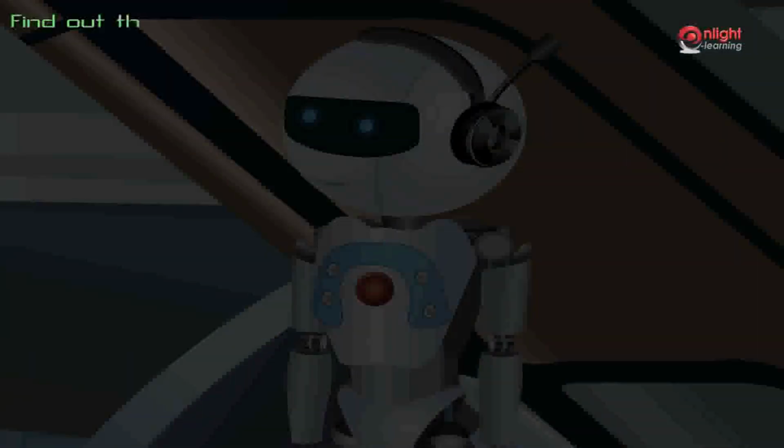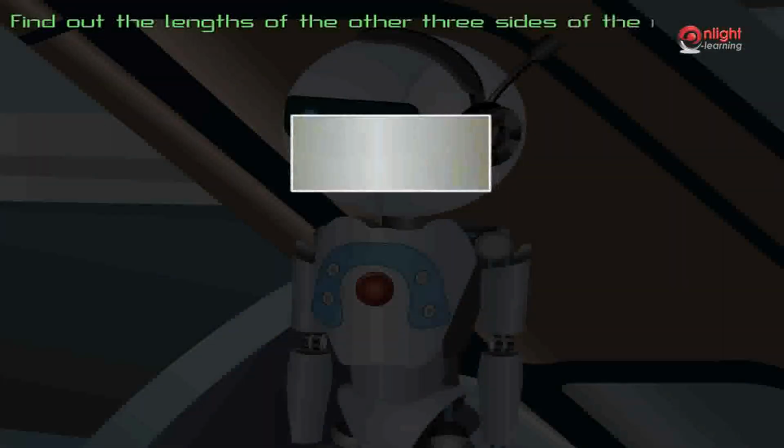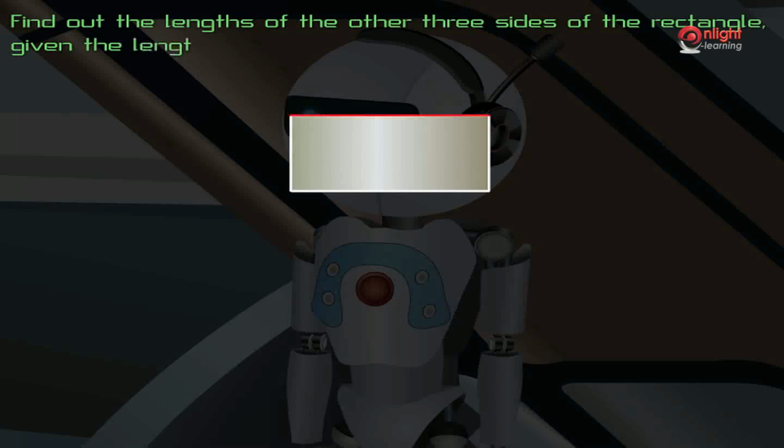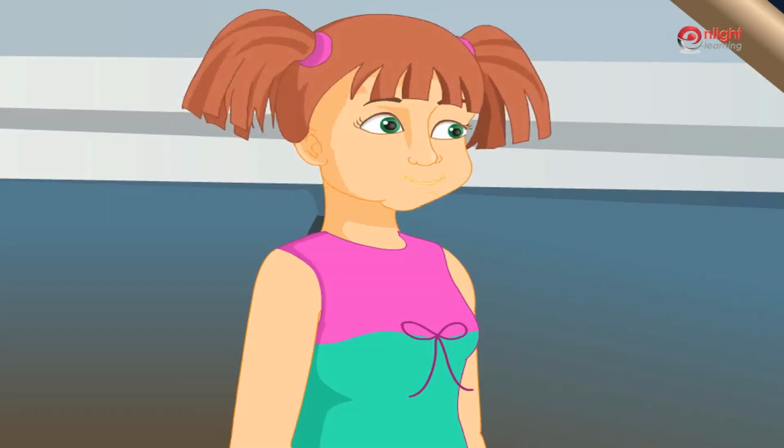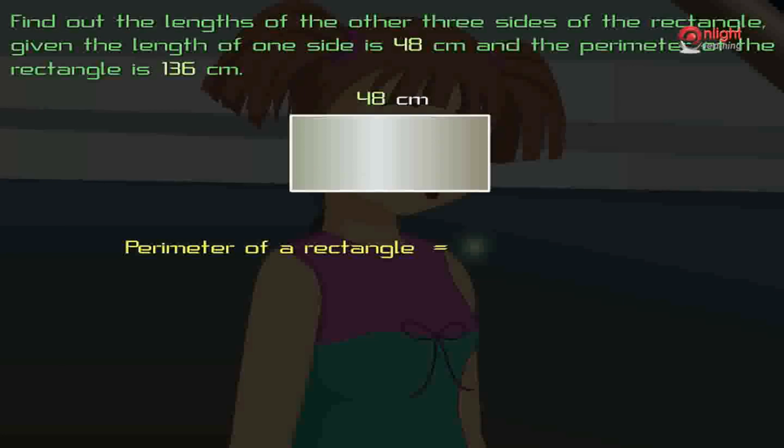Akshita, can you find out the lengths of the other three sides of the rectangle, given the length of one side is 48 centimeters and the perimeter of the rectangle is 136 centimeters? Perimeter of a rectangle is equal to 2 times the sum of the length and breadth of a rectangle.